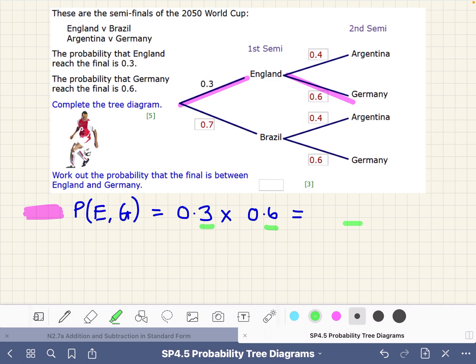That means there must be 2 decimal places in our answer. 3 times 6 is 18, which means the probability of England playing Germany in the final is 0.18. Remember, if you were asked to find any other combinations, you would add those combinations at the end.